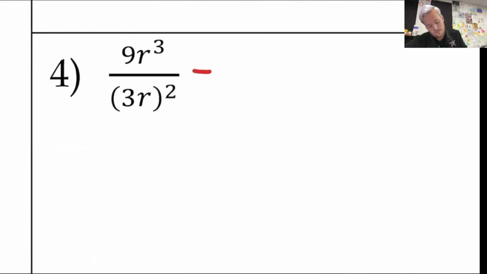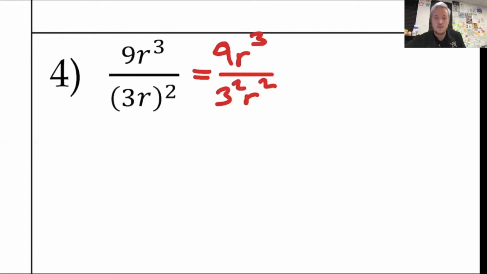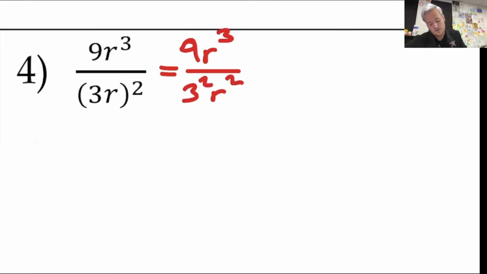All right, so in the denominator, we have power rule. So I'm going to distribute that exponent. So I'm going to have 9r cubed over 3 squared r squared. Okay, so everything inside the parentheses is going to get the exponent. So now I'm going to start simplifying. So I'm going to have 9r cubed over 9r squared.